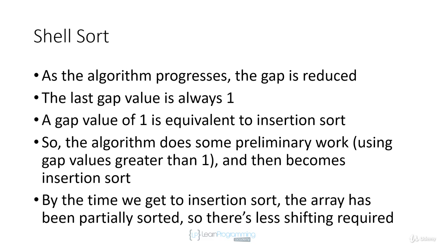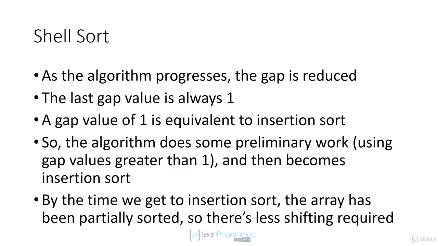And so essentially what shell sort does is it does some preliminary work using gap values that are greater than 1. And that preliminary work puts the elements in the array perhaps closer to their sorted positions, and then at the very last iteration, when the gap value becomes 1, it does an insertion sort. But that final insertion sort will be working with values that have had some preliminary sorting done on them. And because of that, there'll be a lot less shifting required.